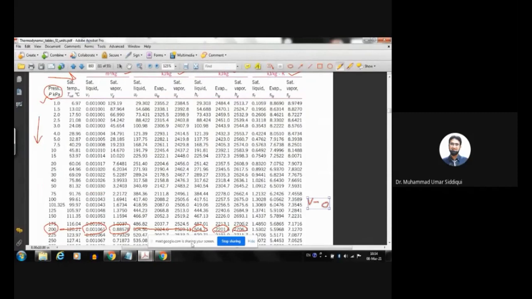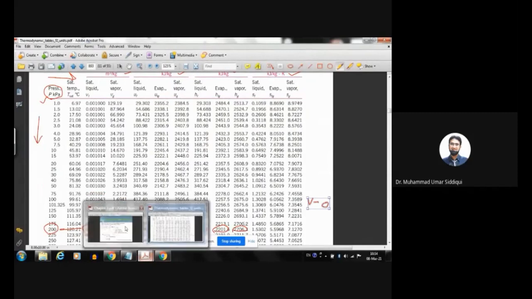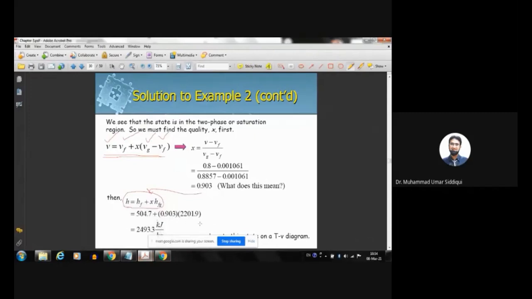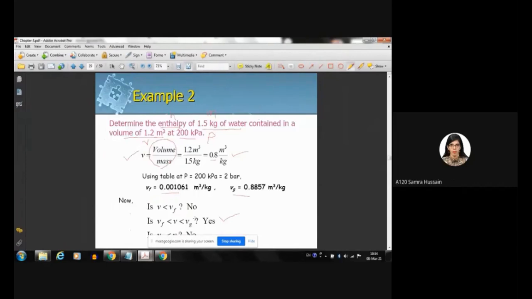So we have HF and HFG values with us, and we need to calculate X. X we calculate by using this formula, since we know V, VF, and VG. So we find this and we can find what is the enthalpy. Do you understand the solution here? Yes, sir. Good.